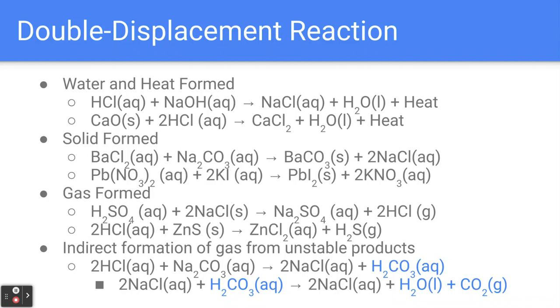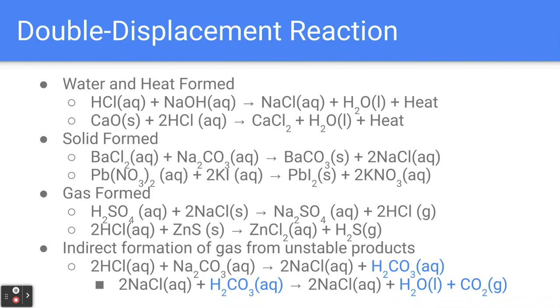You could also have a gas being formed. So if I react sulfuric acid with sodium chloride, I get sodium sulfate and hydrogen chloride gas. So that could happen. I could also react hydrochloric acid with zinc sulfide, and we're going to get zinc chloride out of it and hydrogen sulfide gas.